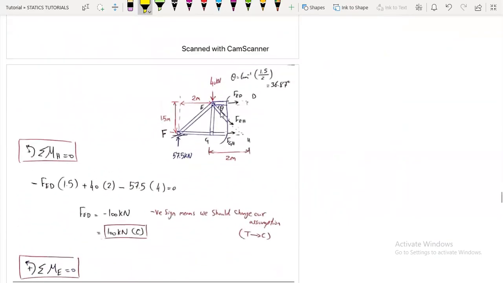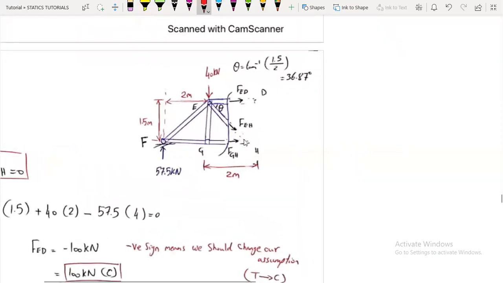Now, after taking the section, we can apply the equilibrium equations, but in most cases we can find one unknown using one equation. In other words, here, if we take the summation of moments about point H, we will not include FEH and FGH because they are passing through point H. So we'll get easily or directly FED.